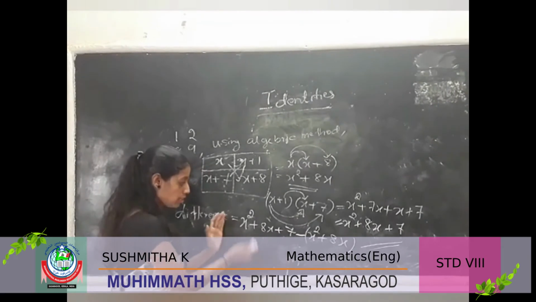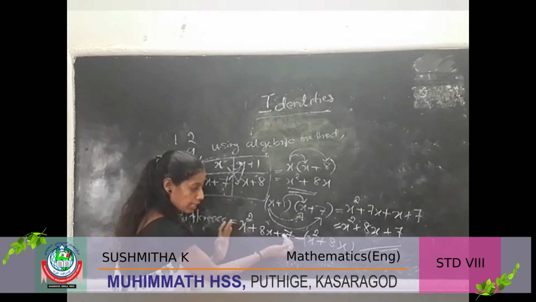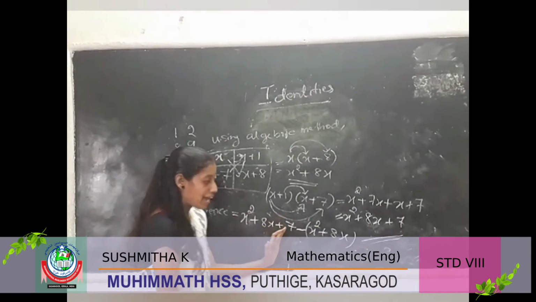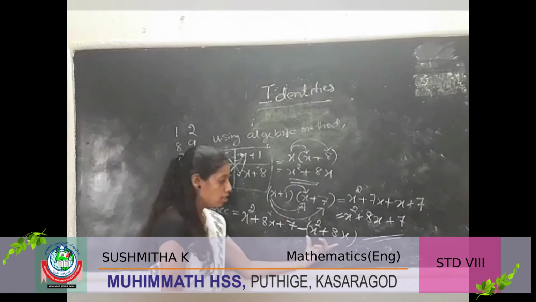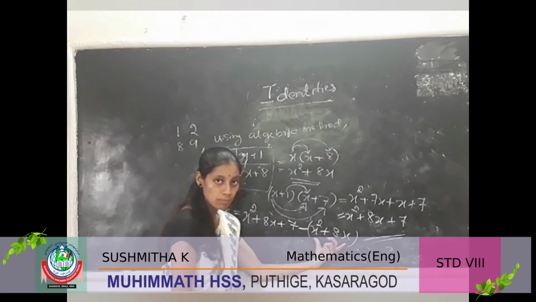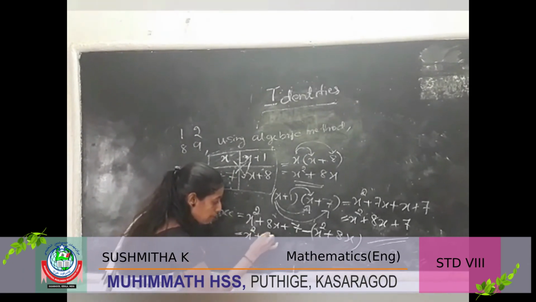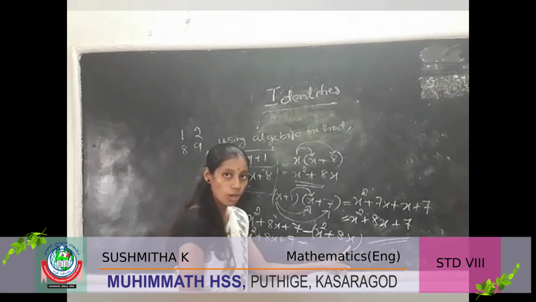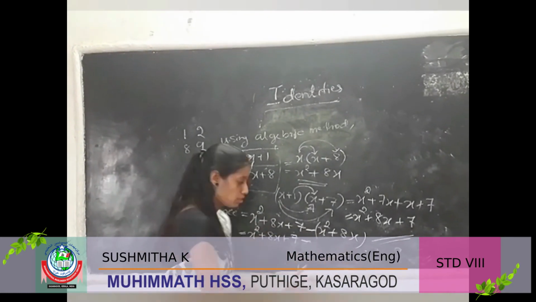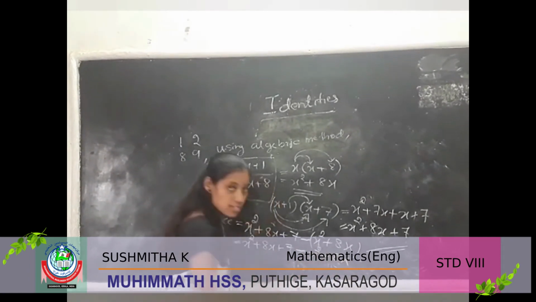Listen carefully here. x square plus 8x plus 7: from this we should subtract the whole expression, not only x square. All of it we should subtract. So we write x square plus 8x plus 7 minus, and every term becomes negative: minus x square minus 8x.